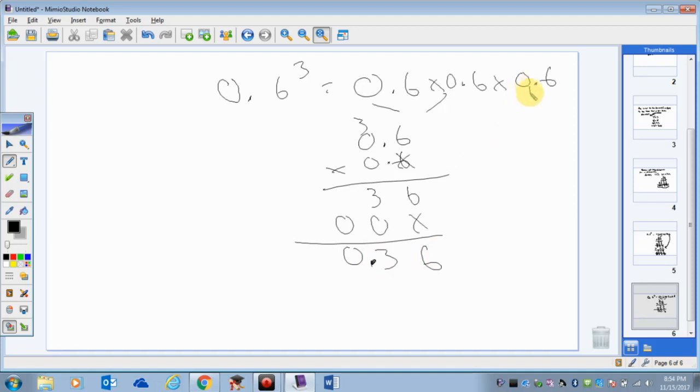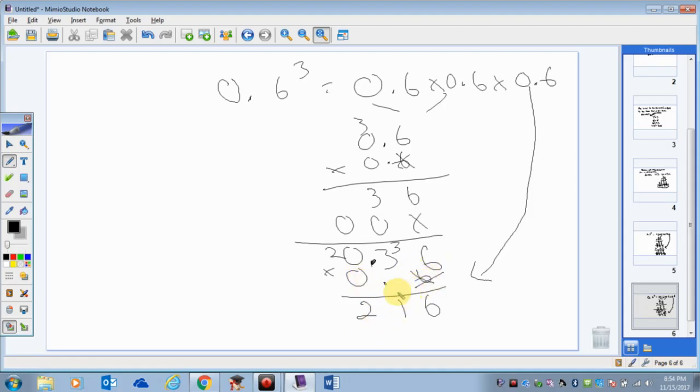Well, I still have this one, so I have to bring it down and multiply this answer by that. So times 0.6. 6 times 6 is 36, so 6 carry my 3. 6 times 3 is 18, plus 3 is 21. So 1, carry my 2 up here. 6 times 0 is 0, plus 2 is 2. So 2, 1, 6, so I'm done with this one.